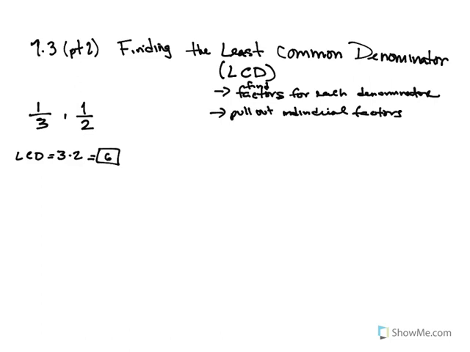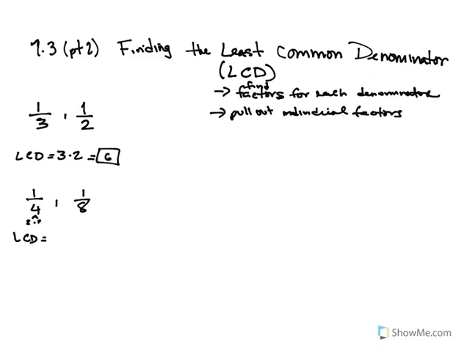So let's look at another problem. What if we have 4 and 8? So for the LCD, we would say, what can both 4 and 8 divide into evenly? They can both divide into 8. But I'm going to show you how to do it using factors.